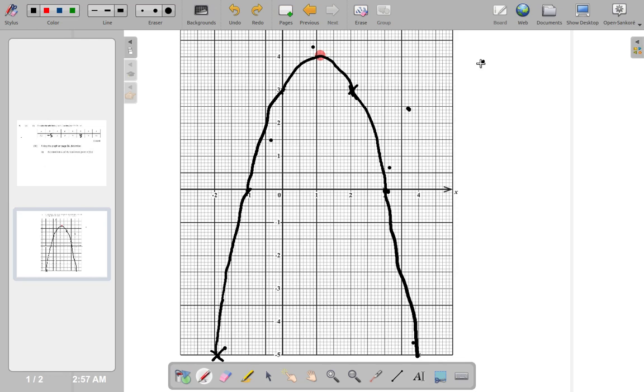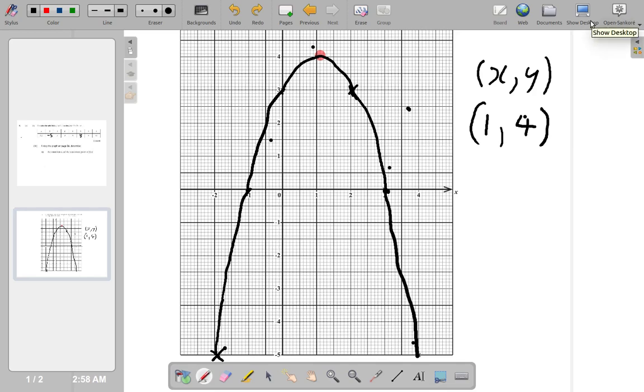So the coordinates, of course, in the form x comma y would be x equals 1, so I put 1 here, comma, and y is beside y equals 4, so y is 4, so I put 4 here. So the coordinates of the maximum point would be 1, 4.